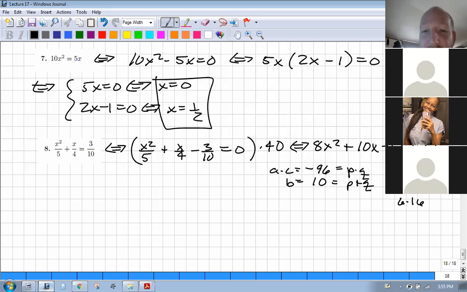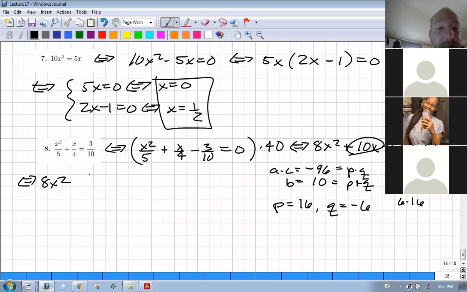That'll work if we let P be 16 and Q be a negative 6. They multiply to give us negative 96 and add to give us 10. So let's rewrite 10x as 16x minus 6x.